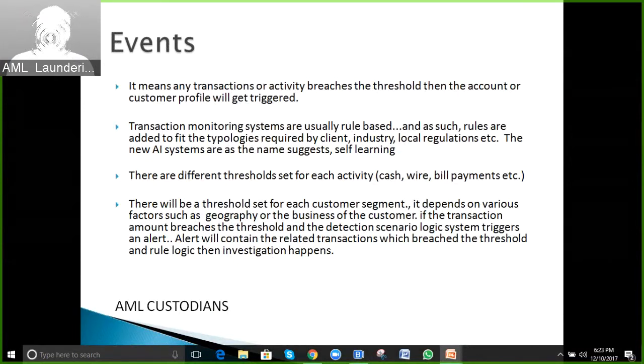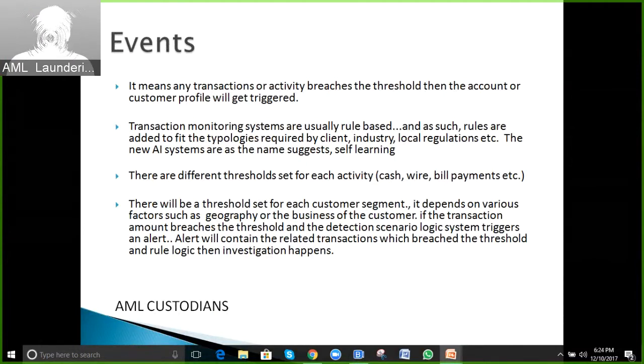Okay, so the next point is, transaction monitoring systems are usually rule based, or rules are added to fit the typologies required by the client, industry, or local regulations. The new systems are, as the name suggests, self-learning.